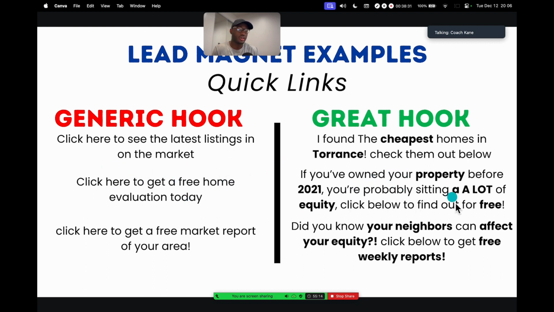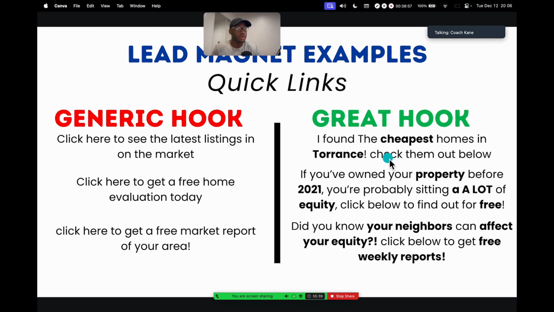So for this one, it could be, if you've owned your property before 2021, you're probably sitting on a lot of equity. Click below to find out for free. Okay, already we're providing so much more material, context, and keywords that might resonate with a lot of people. Everyone wants to know how much equity they have.